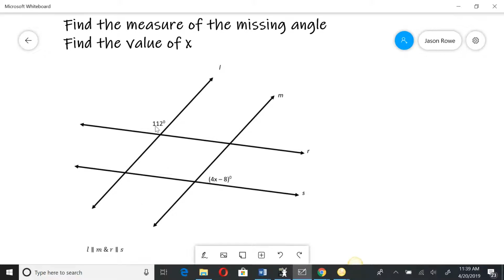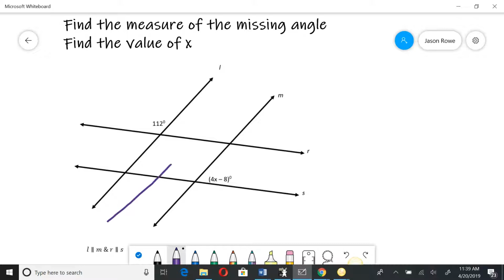So what happens here is, let me separate this here, and I'll erase it. If we look at just this set of lines, we've got all those rules about alternate exterior, alternate interior, consecutive exterior, corresponding angles.